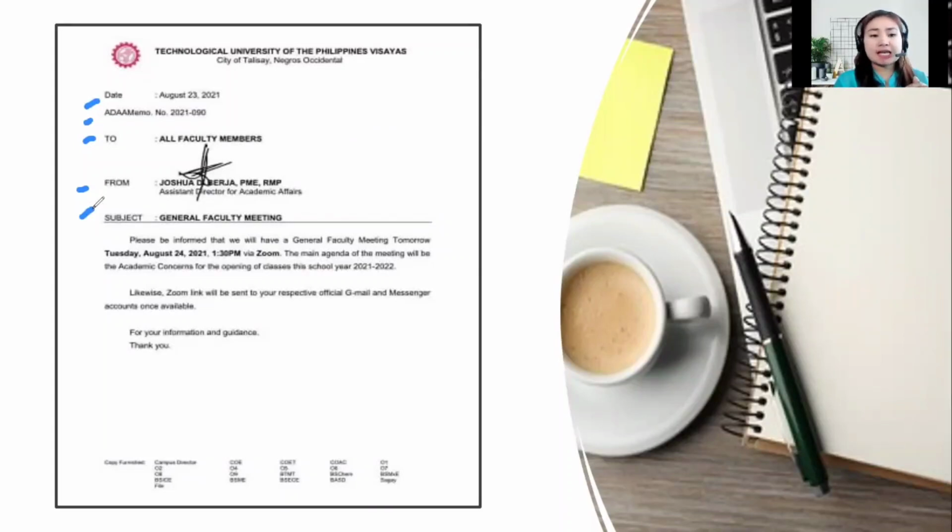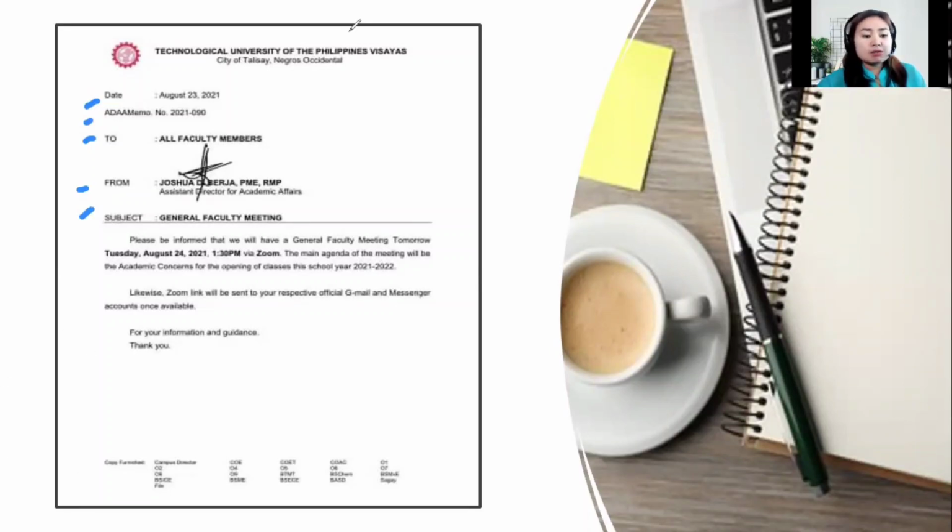What's important is that it has the common features: the date, the header, of course, the memorandum number, who it is for, from whom the memo is coming, the subject, and of course the content of the memo. So although in terms of formatting the two differ, in terms of the important content they are almost the same. They have the date, the memorandum number, to, from, and subject, and of course the content.